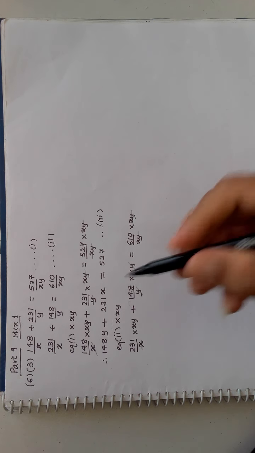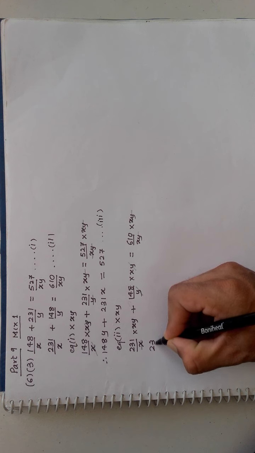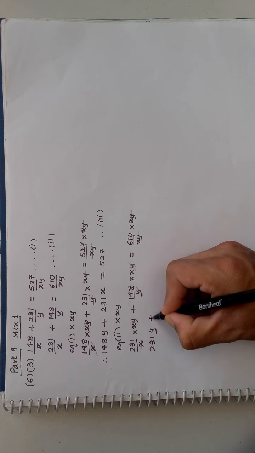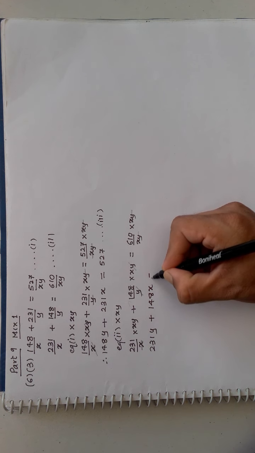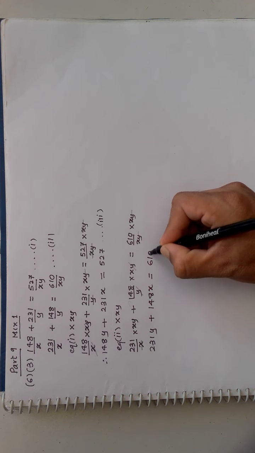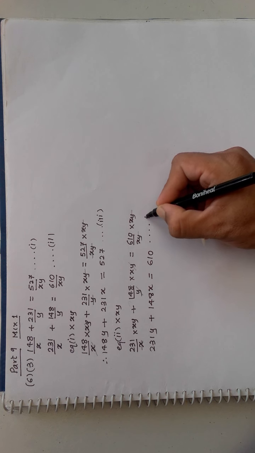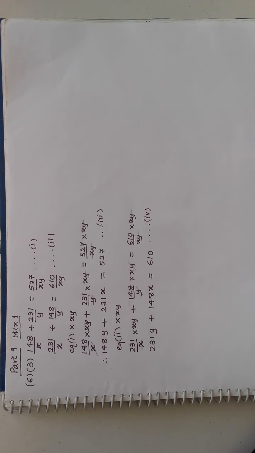So we finally remain with 231y plus 148x is equal to 610. Let me call this the fourth one. Now the first one and the second one have changed their clothes and have become third and fourth. So that third and fourth, if you see, let me observe it.